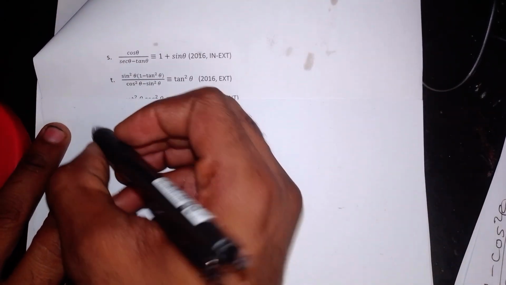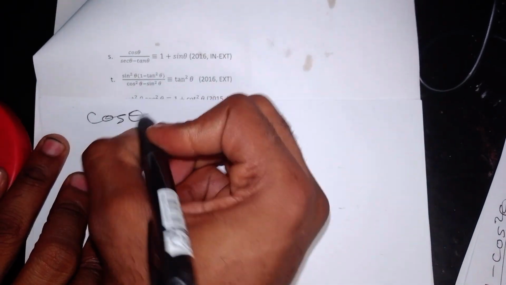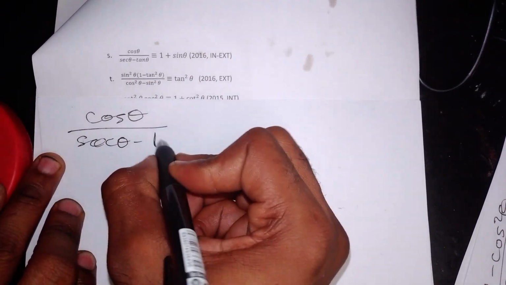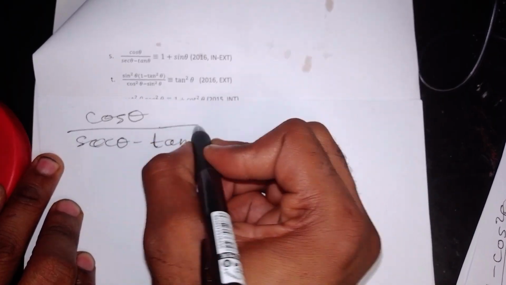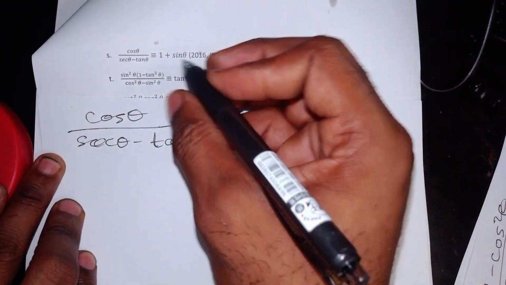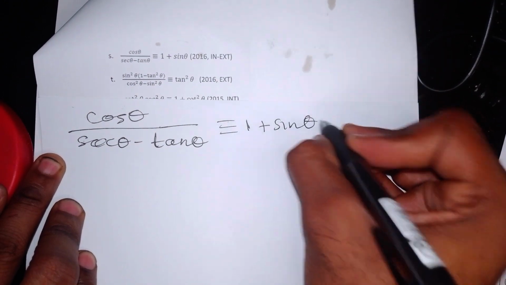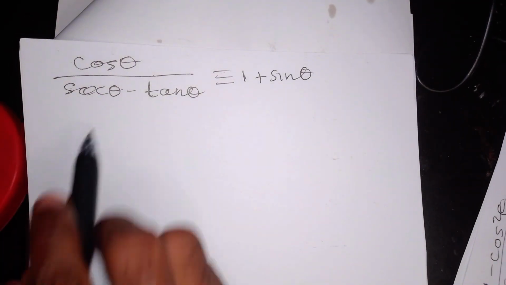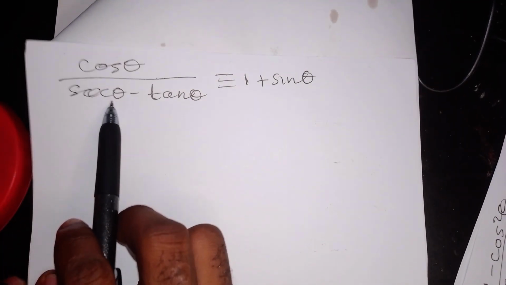so on part S we have cos theta over sec theta minus tan theta. This is equivalent to this. So now in this case, you have no choice but to start with this.